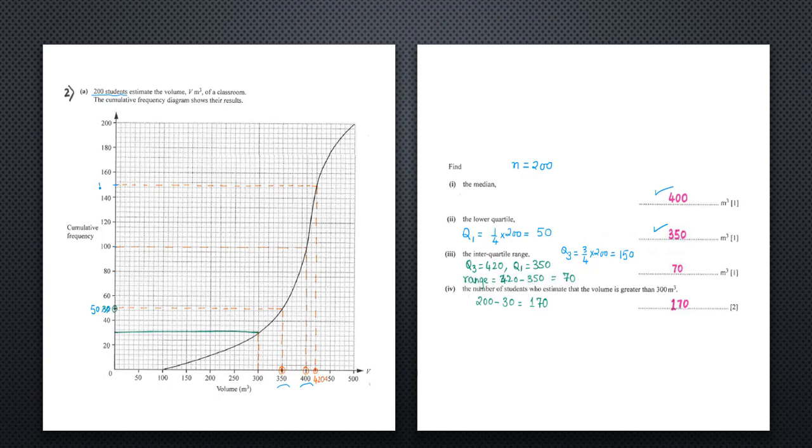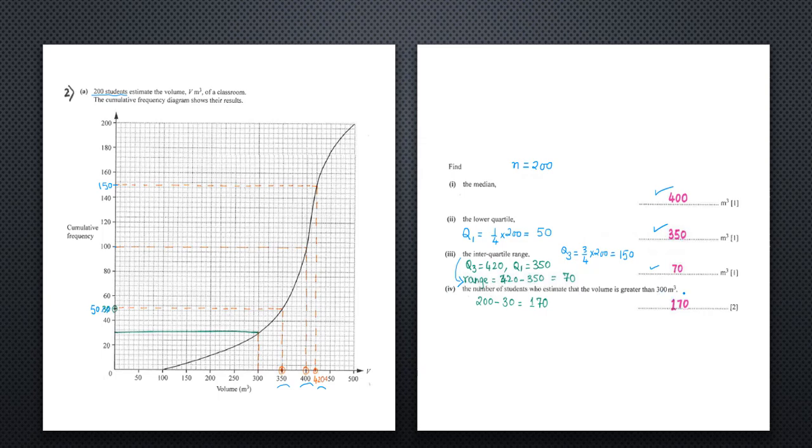This is the point where 150 lies. So the same thing, we trace it all the way here, and that brings us to 420. So 420 is the upper quartile. But of course, we are looking for the interquartile range, which is Q3 minus Q1, which gives us the answer 70.